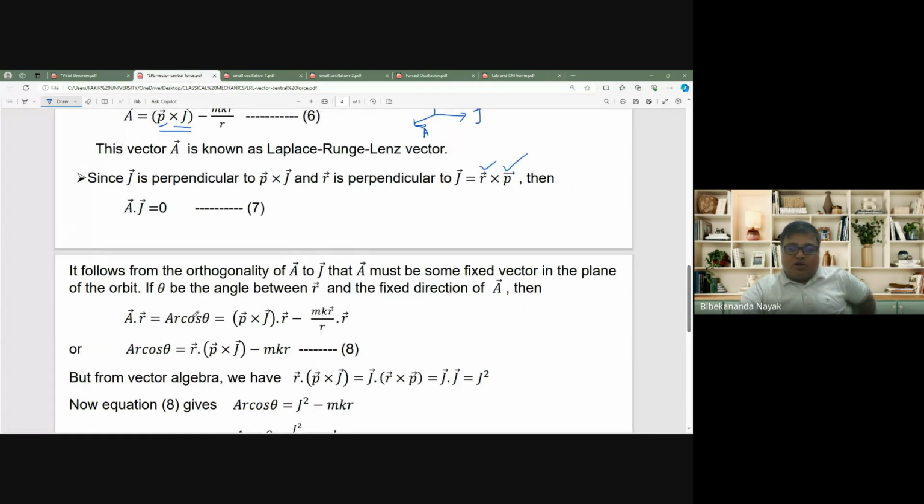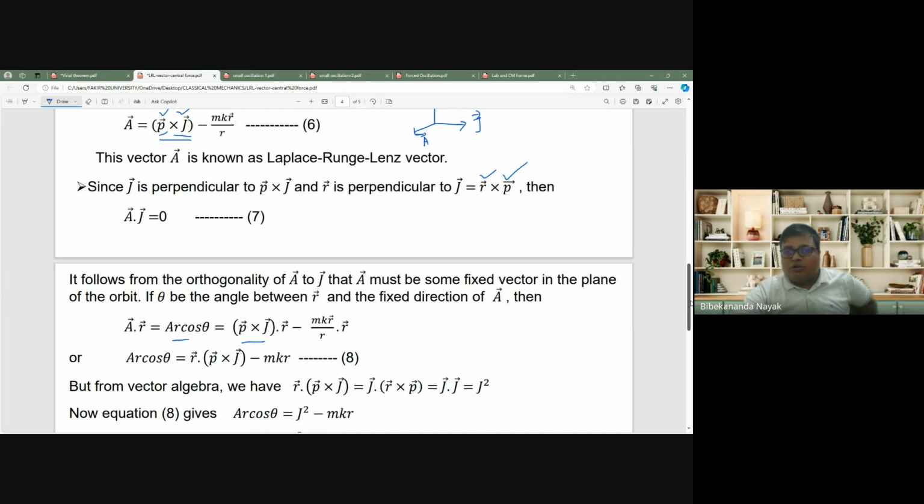It follows from the orthogonality of A to J that A must be some fixed vector in the plane of the orbit. If theta is the angle between r and A, then we can calculate A dot r equal to A r cos theta, where A is equal to P cross J minus mk r by r.